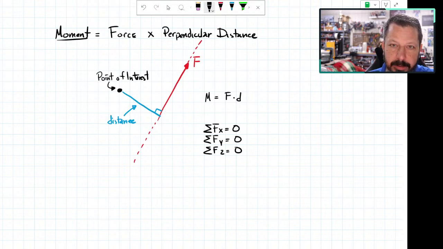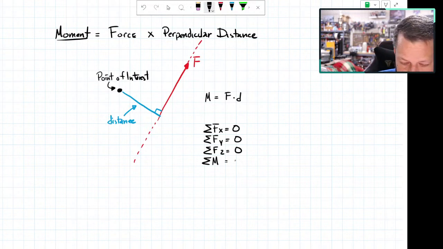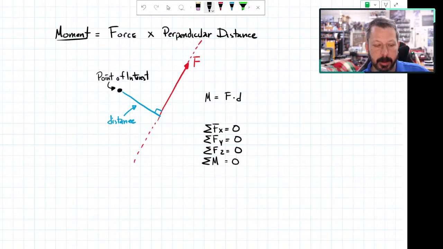But if I don't also say that the summation of moments about some point equals 0, then our body could be rotating about that point. Like it could be spinning about that point. And if we want to be in static equilibrium, then we probably can't have our object spinning.